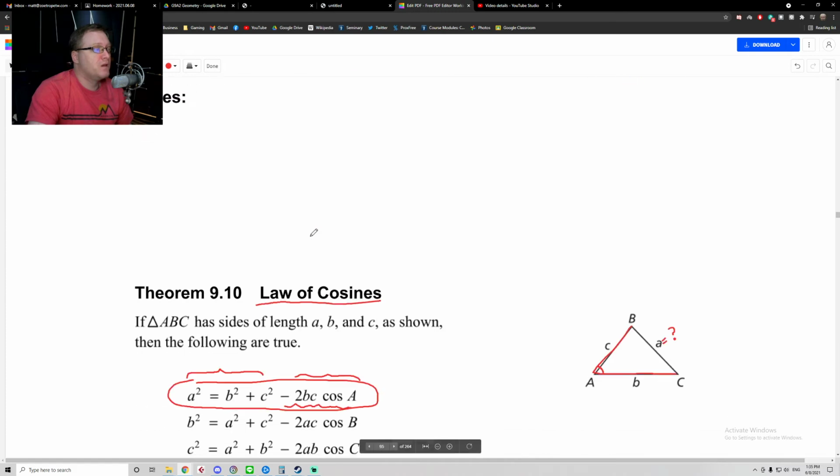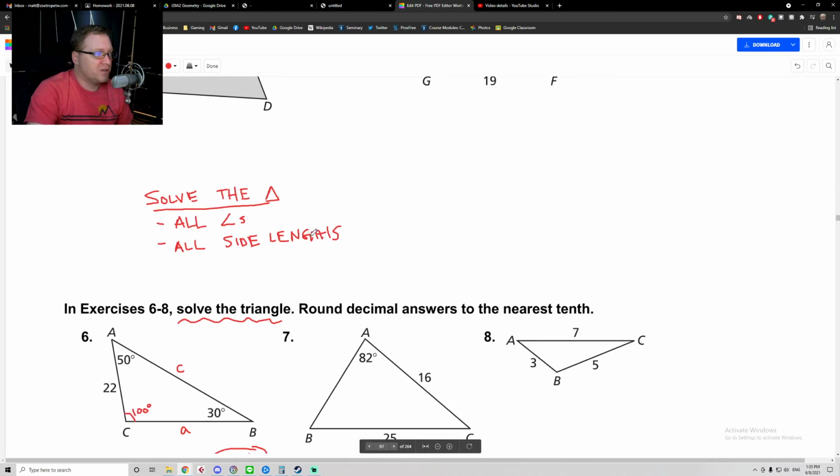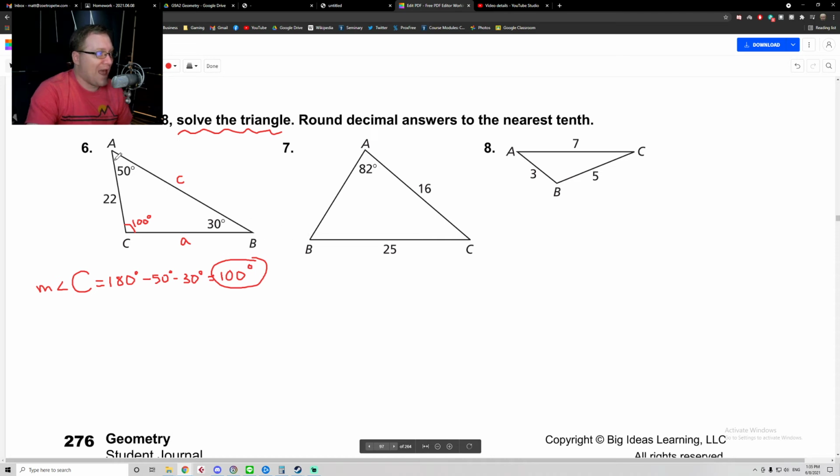So if you see a triangle in your problems where you already know opposite parts of the triangle, then we can use the law of sines.